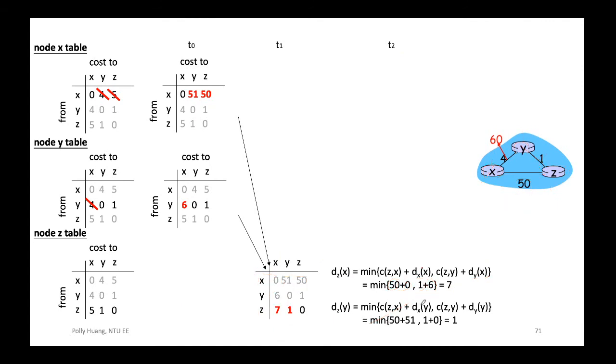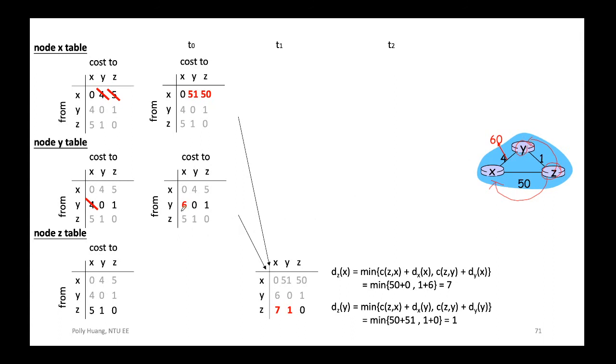Now, what's interesting is this. z thought the shortest path to x is now 7, and the best neighbor is y. So z thought the next hop to forward the packet, destination being x, should be y.